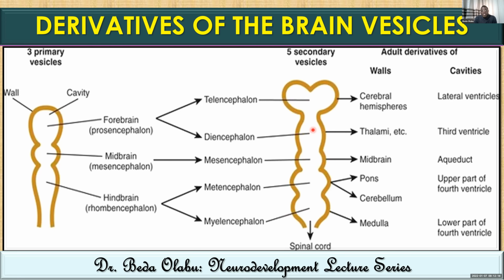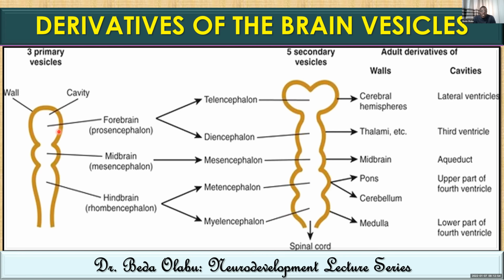The other thing that may be arising a bit earlier, and so maybe I'd prefer to say it arises from the wall of prosencephalon, rather than limiting ourselves to these two, is what we call the optic vesicle. The optic vesicle is the embryonic structure that comes from the wall of prosencephalon and grows out to give rise to the retina and the optic nerve.